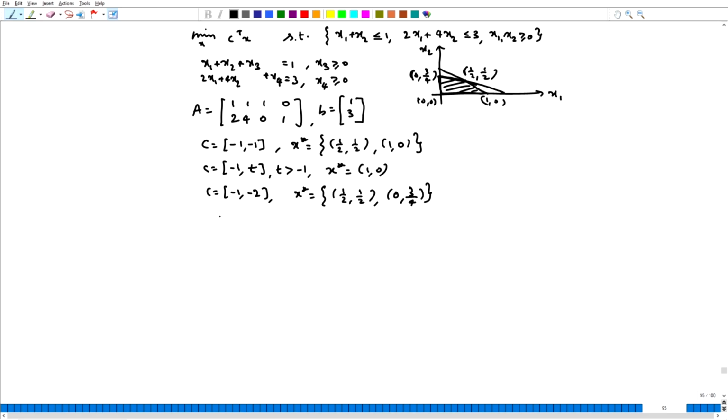So what this means is that if t is in the interval minus 2 comma minus 1, then x star is just half comma half, and if t is less than minus 2, then x star is 0 comma 3 by 4.